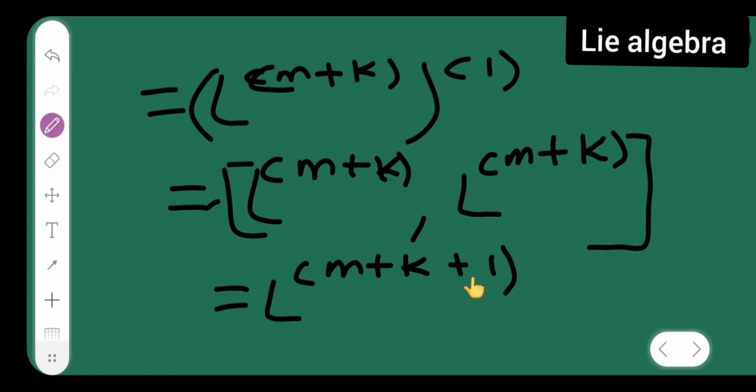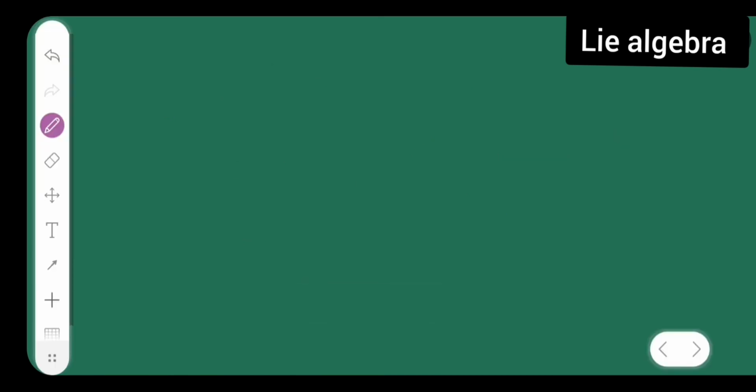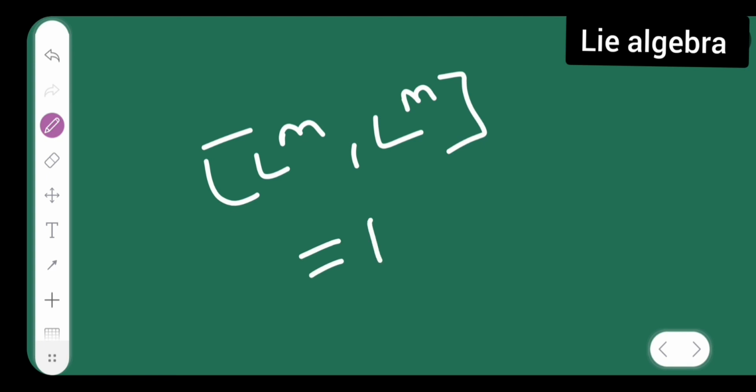I'll explain this on the next, here only somewhere. This is a rough explanation. Suppose something was L raised to power of m comma L raised to power of m. How do we write this as L raised to power of m plus 1, right?